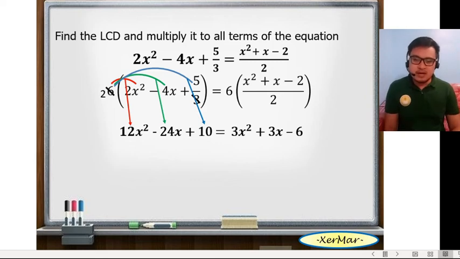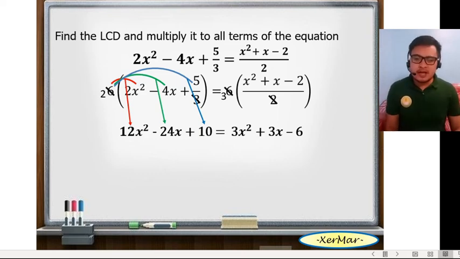So, ano ang mangyari? So, ang 6 ay magiging 3. At itong 2 ay magiging 1. Hindi ko na rin sinulat. At saka tayo mag-distribute. Okay? So, kanina, doon sa kaliwa, hindi pa tayo nag-cancel out agad ng 3 and 6. Dahil hindi naman lahat may denominator na 3. Okay? So, balik tayo sa kanan.